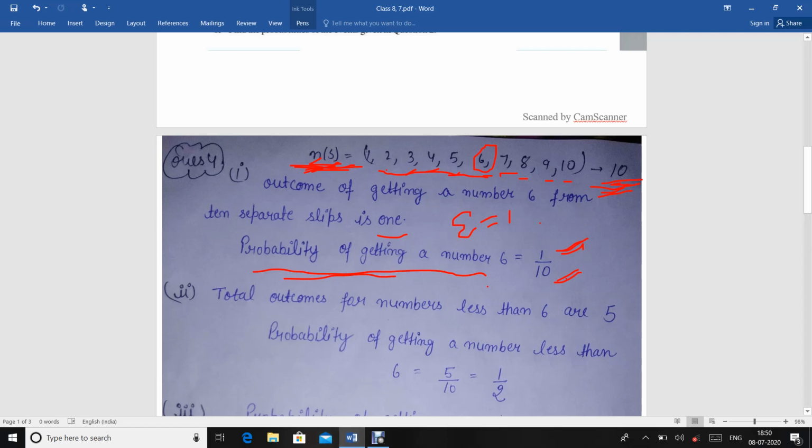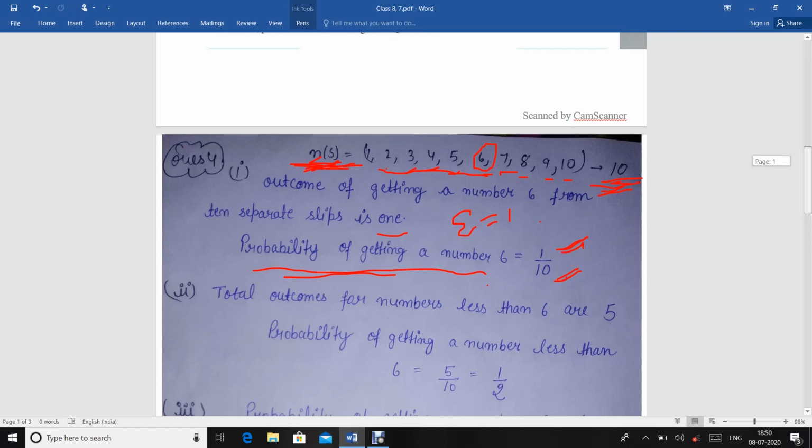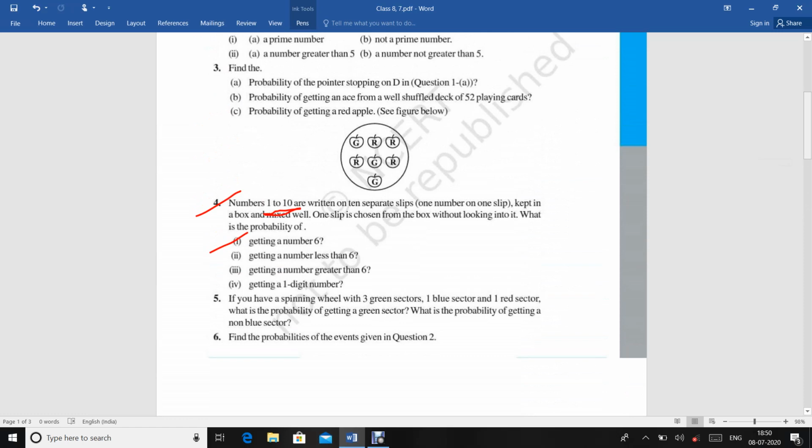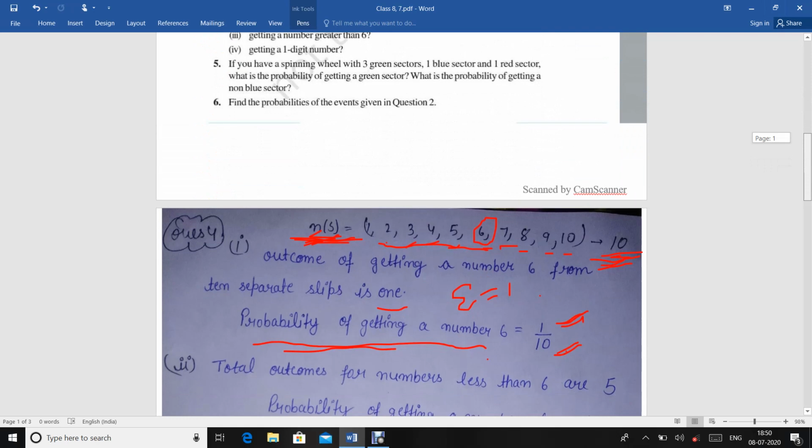Similarly, you can do the second part of this question, and the second part is saying getting a number less than 6. Now you have to identify the numbers less than 6. As you can see, the numbers less than 6 are 1 2 3 4 and 5.